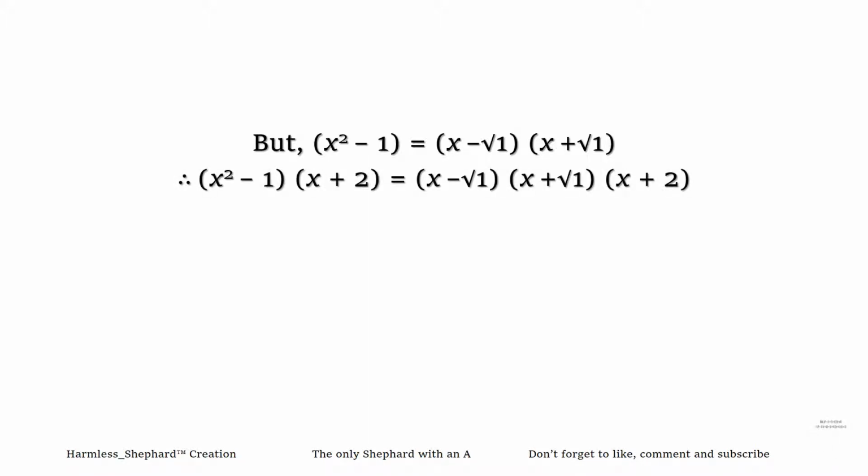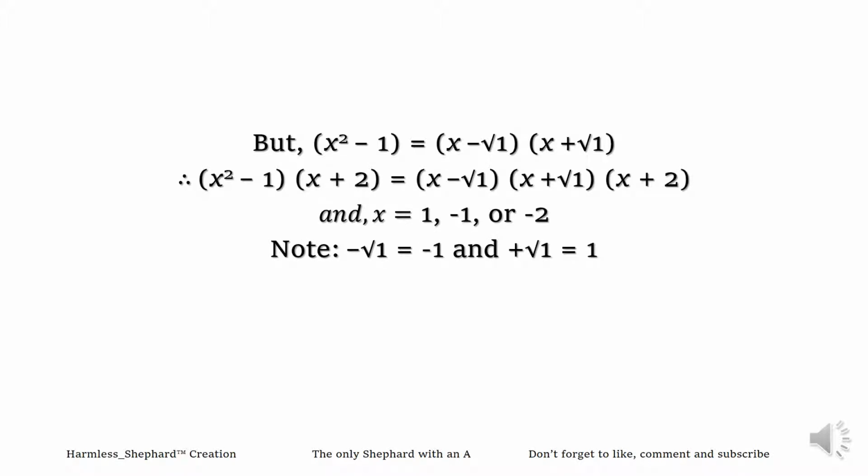We now have this, and by inspection we see that x is equal to 1 or minus 1 or minus 2. So the roots of this equation mean that if you substitute 1 or minus 1 or minus 2 into the polynomial, you will get 0.